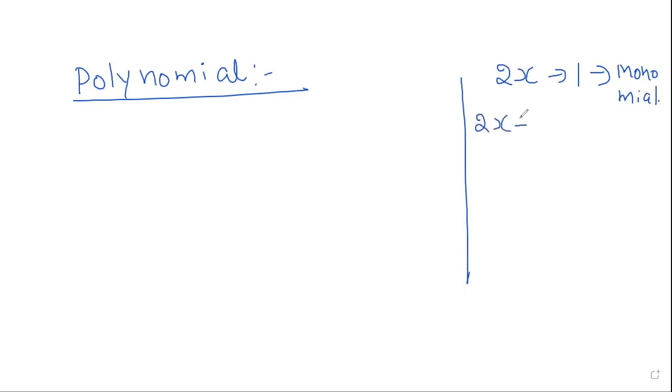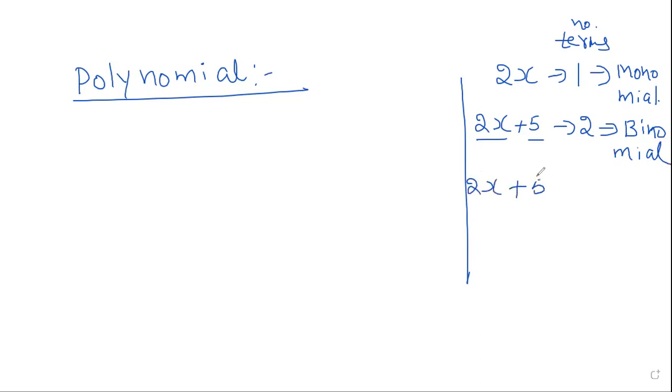And 2x plus 5. How many terms are here? 2x is one term and 5 is another term. There are two terms. Number of terms is 2, so it is called binomial. 2x plus 5y plus 3. Here we see three terms. It is called trinomial.